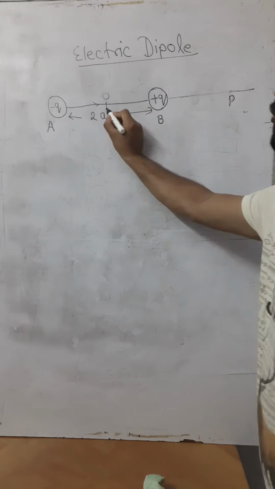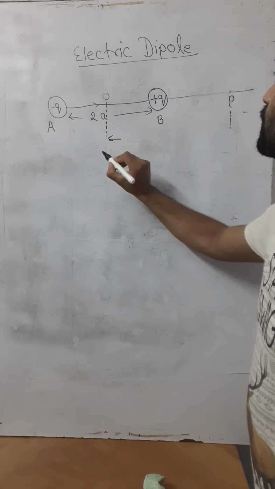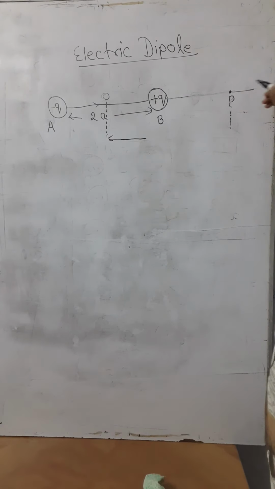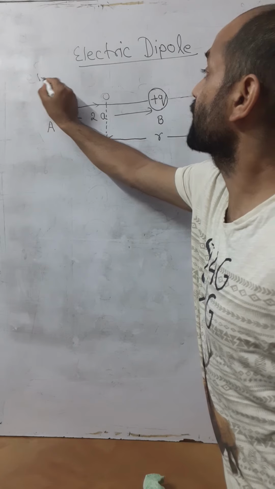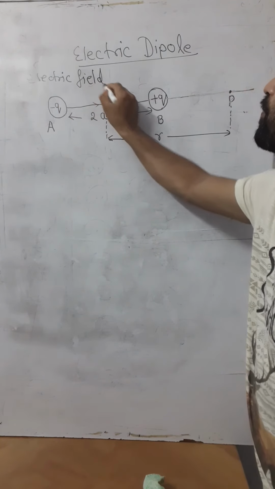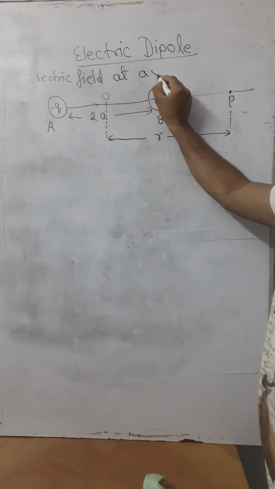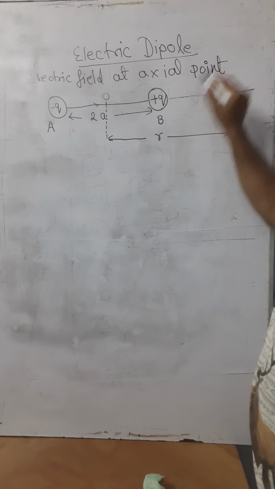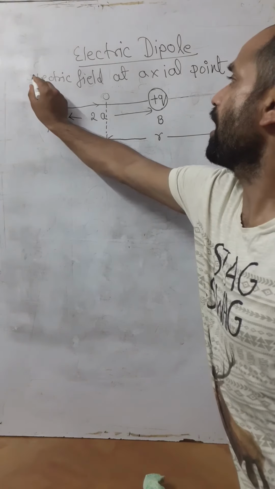From the midpoint, the distance between the midpoint and the point where we have to find out the electric field is suppose R. This is the distance R. So what we are doing, we want to know the electric field at axial point.